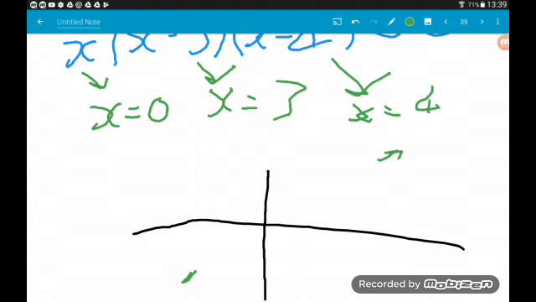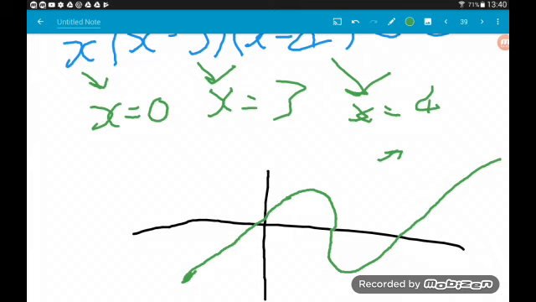So we know it goes through the point where x is equal to 0, so it's going to go through this point. We know it goes through the point where x equals 3, so it's going to turn around like that. And then it goes back up through the point where x is equal to 4. So it's going to look something like that.